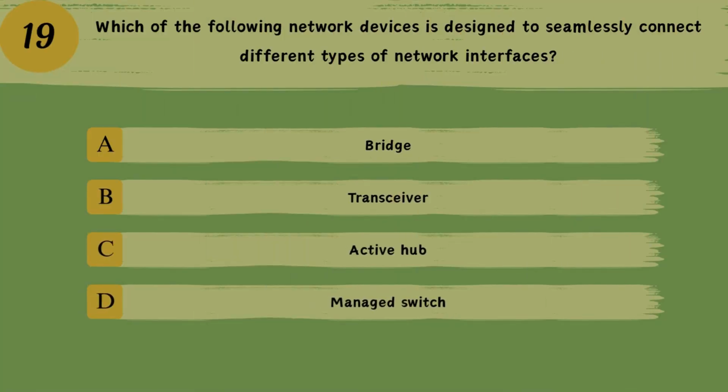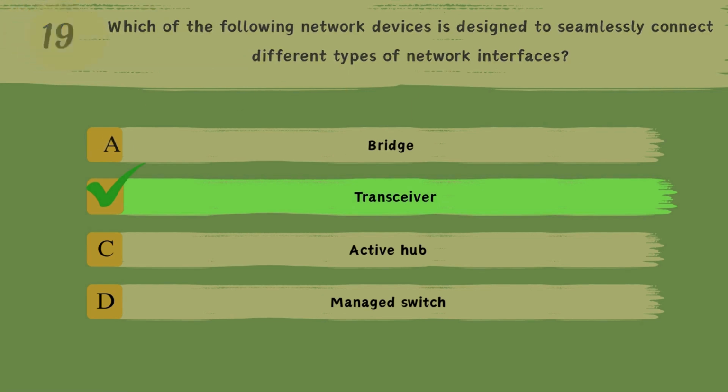Question 19. Which of the following network devices is designed to seamlessly connect different types of network interfaces? A. Bridge. B. Transceiver. C. Active hub. D. Managed switch. Correct answer: B. Transceiver.